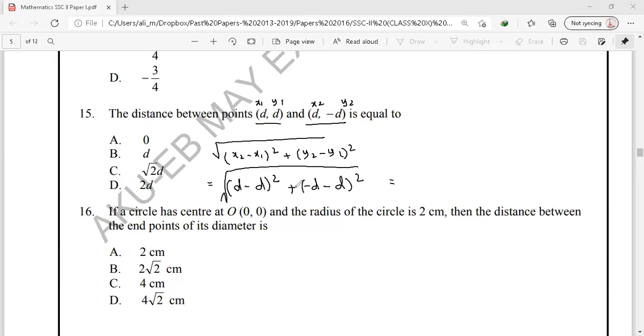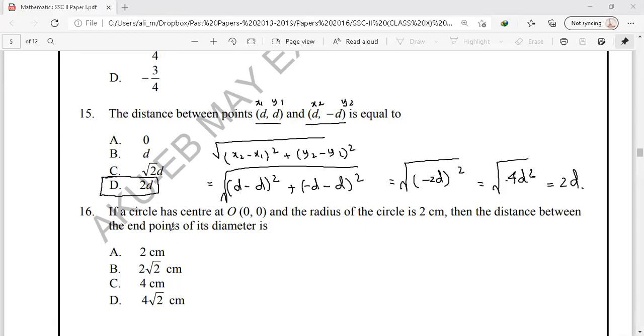So the first bracket would become 0, and minus d minus d would become minus 2d square, and the square root. So if we take the square, we will get 4d square, and if we take the square root, we will get 2d. The distance between these two points is 2d. So the correct answer we have is option D.